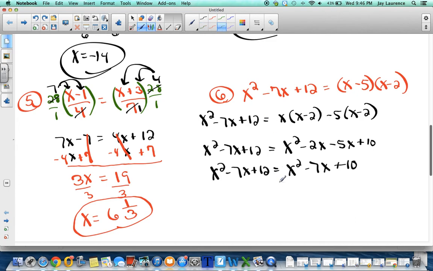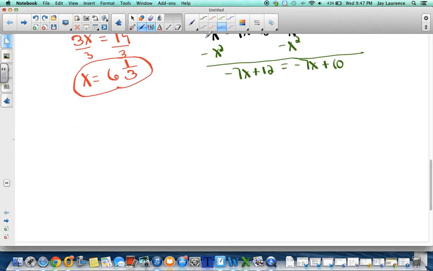Then, I don't like that there's x squareds on both sides, so I'm going to subtract off x squared, leaving me with negative 7x plus 12 equal to negative 7x plus 10. All right. Well, I don't like that there's negative 7x on both sides, so I'm going to get rid of one of them by adding 7x to both sides.